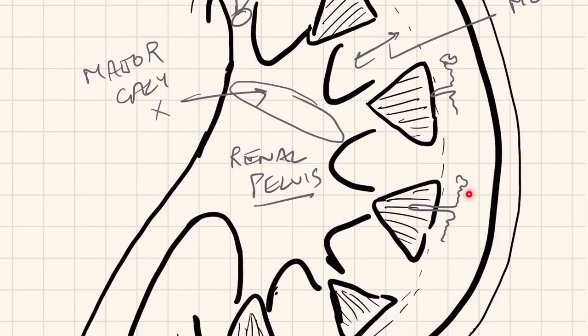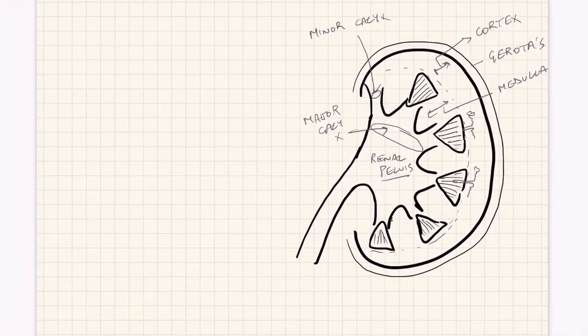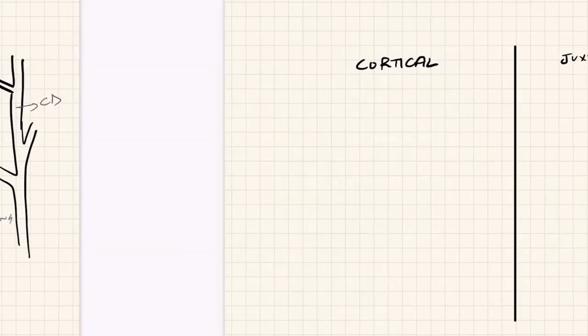The difference is that the loop of Henle in your cortical nephron is very small and remains confined to the cortex, whereas in a juxtamedullary nephron they go deep into the medulla and they are long loops. That is the major difference, and the rest of the difference comes from that only.